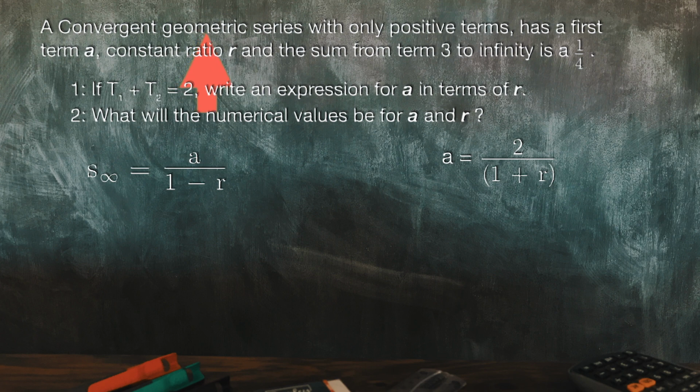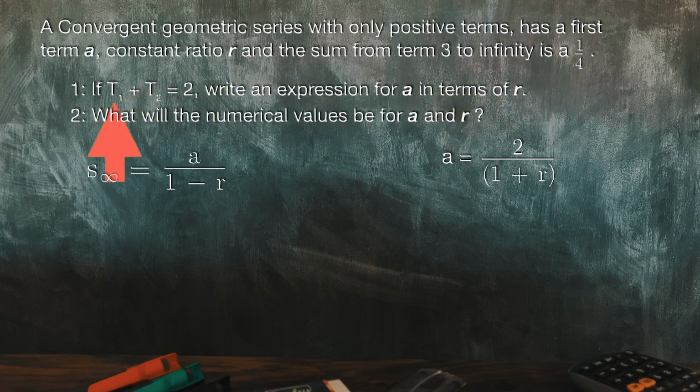We add up to infinity, right? Now, what can we put into the place of the sum to infinity? We cannot just simply put in a quarter because we have to read this carefully. The sum from term 3 to infinity is a quarter. So we are not counting from term 1, we are counting from term 3. So term 3 plus term 4 plus term 5 to infinity gives us a total of a quarter.